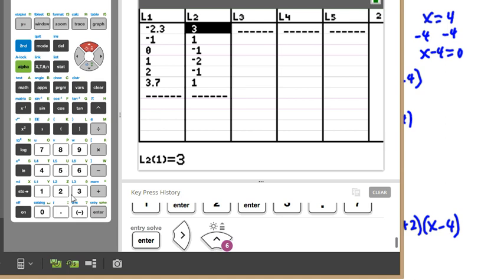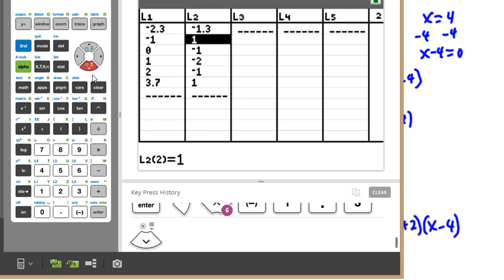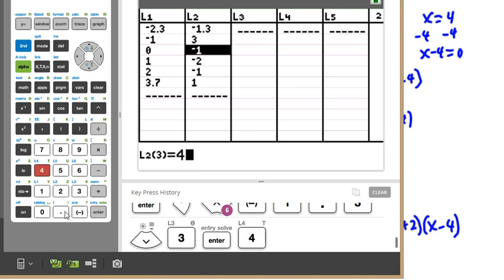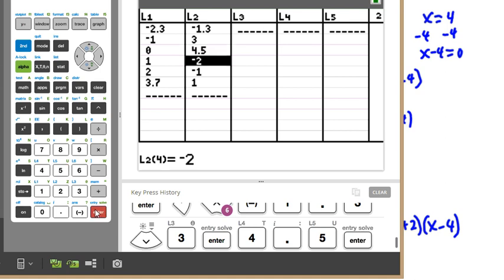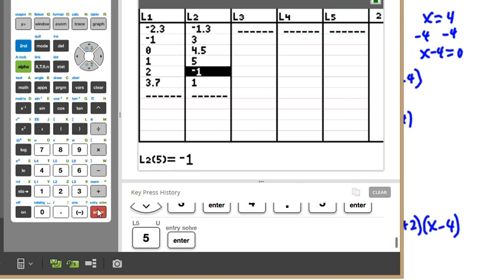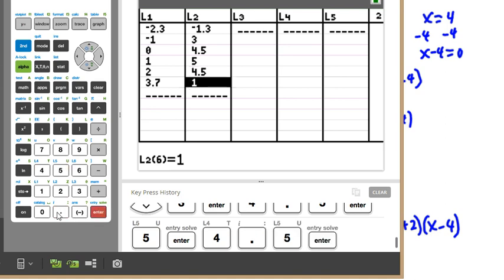So we have here negative 1.3, enter, 3, enter, 4.5, enter, 5, enter, 4.5, enter, and finally 1. So that looks good.